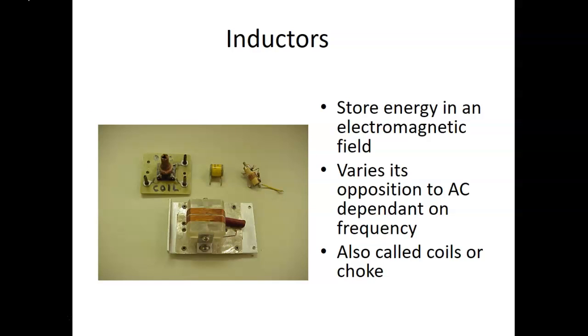Now, inductors store energy not so much inside them, but in an electromagnetic field. And again, they work with frequency. Yeah, they vary on frequency. They're also called a coil or a choke. You might have heard them called that. They're also one half of the next thing.